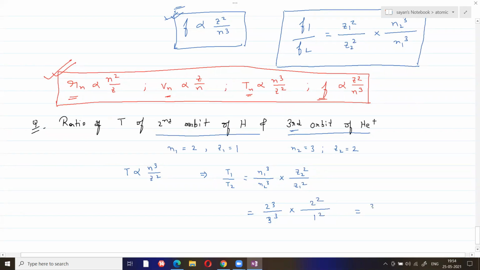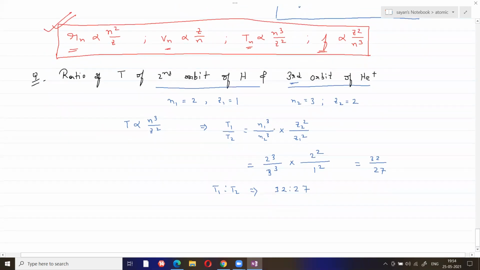So it becomes 32 by 27. So the ratio T1 is to T2 is 32 is to 27. Any doubt regarding this part? Do you have any doubt?